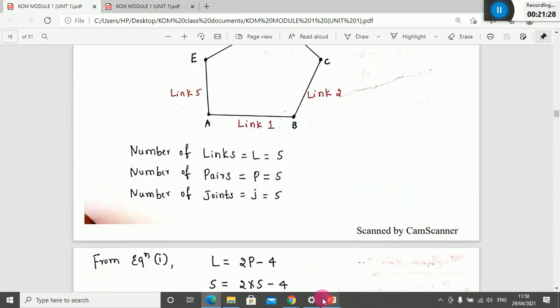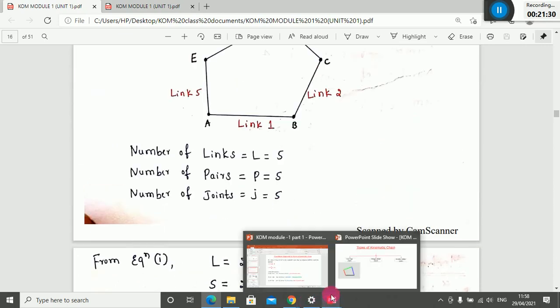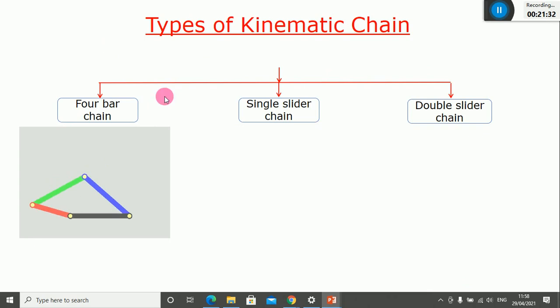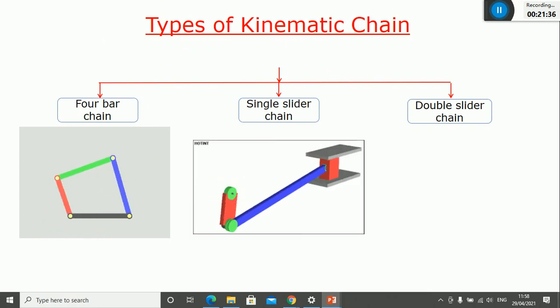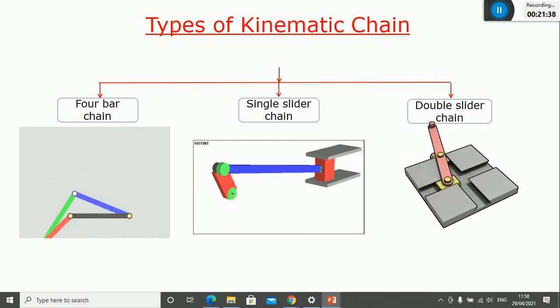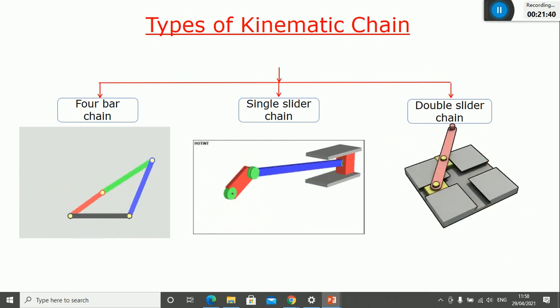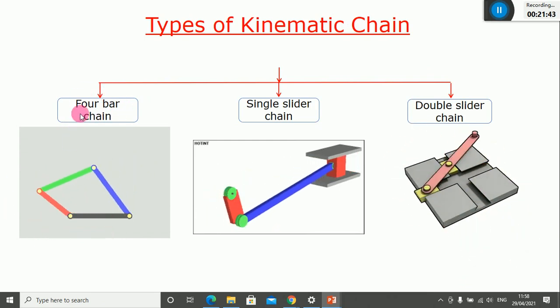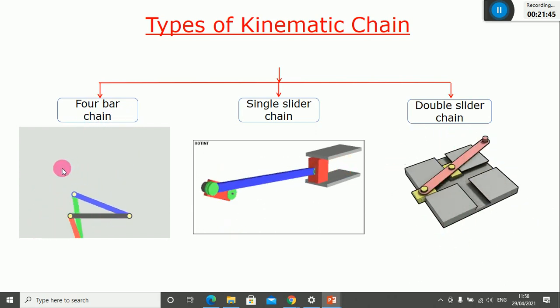And if it is clear, I'll go to the types of kinematic chain. Please take note of this heading for your syllabus. For your syllabus, there are 3 types of kinematic chain. One is a 4 bar chain, which is having 4 links.